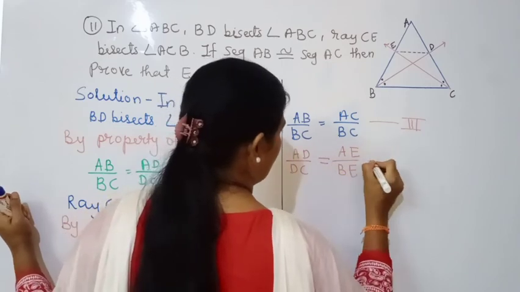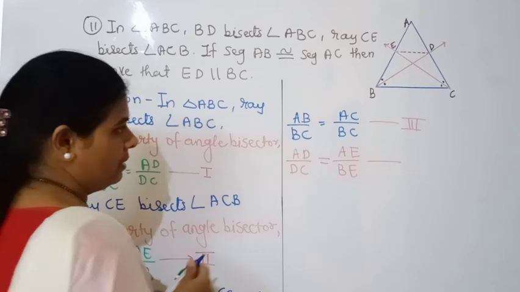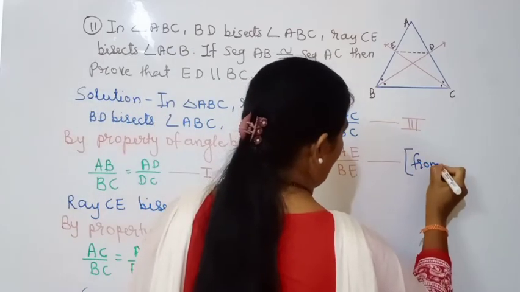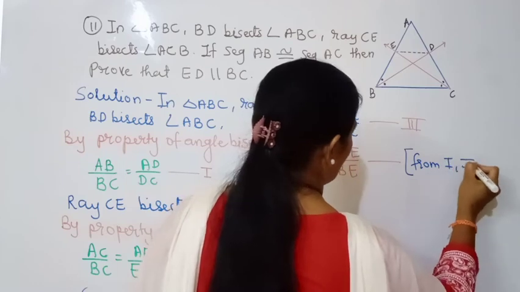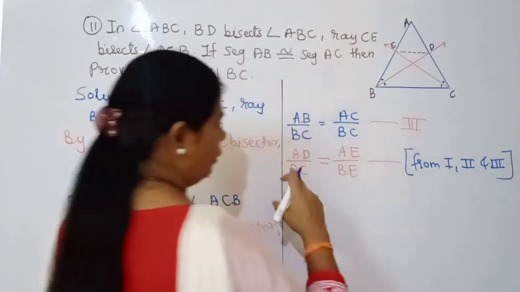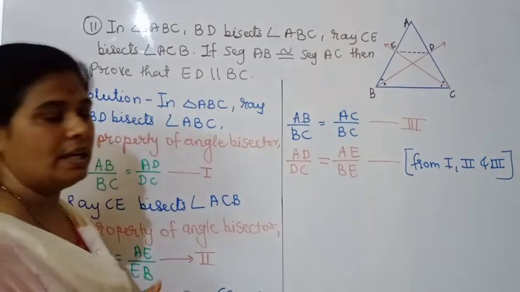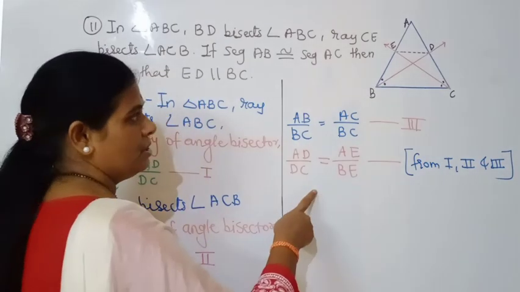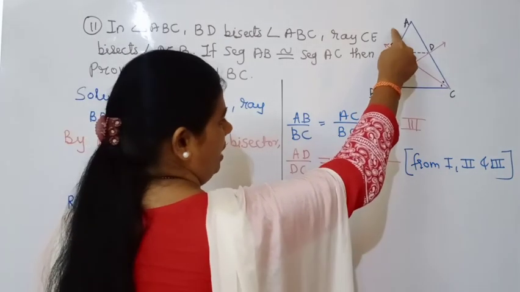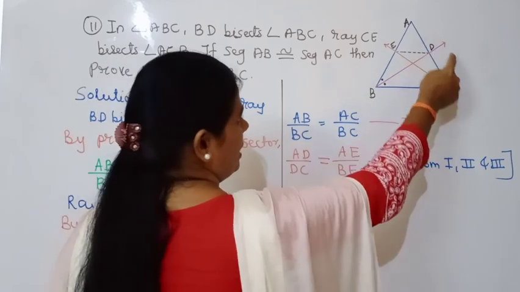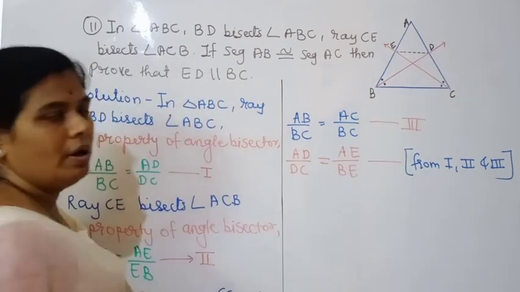And we write here in the bracket that we get this from 1, 2 and 3. From 1, 2 and 3 we get the ratio, that is AD upon DC is equal to AE upon BE.